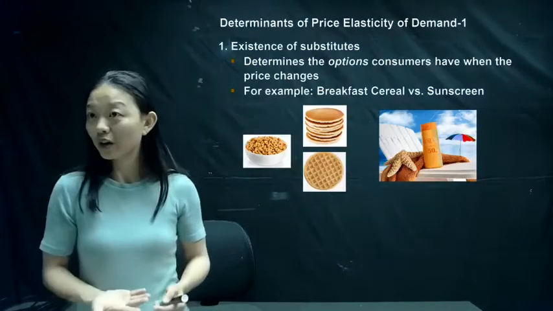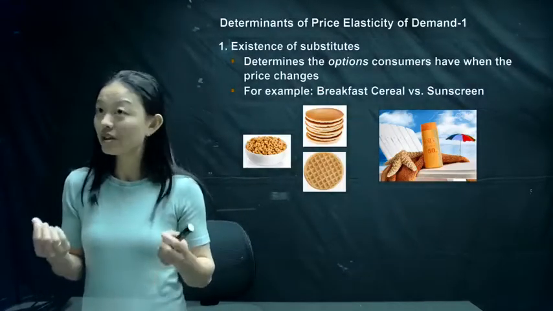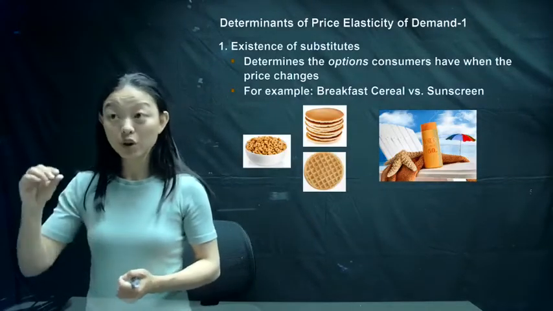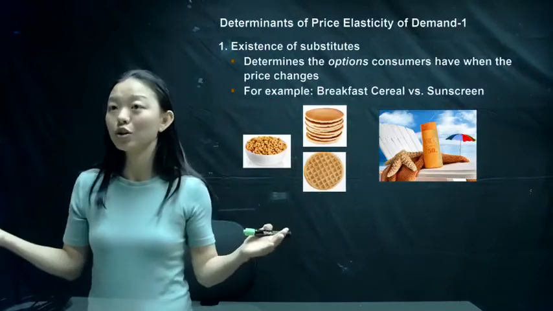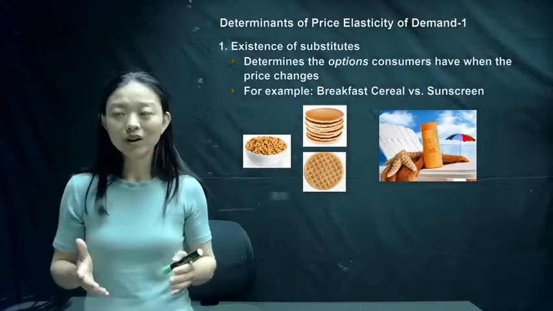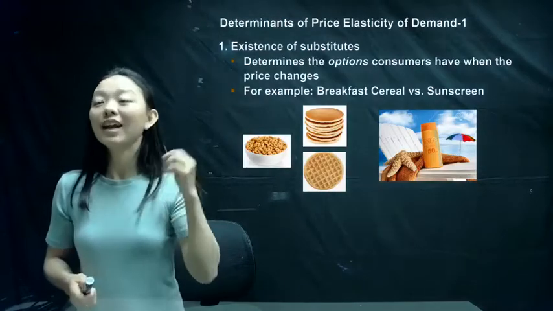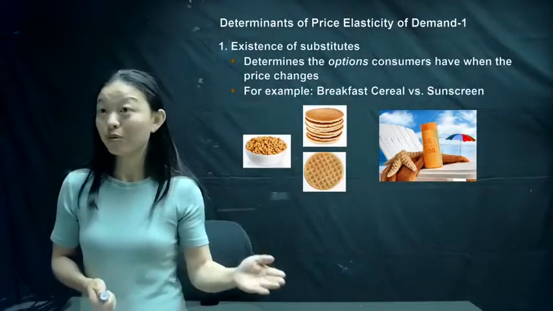However, for sunscreen, we know it has very, very few substitutes, or we can say no substitutes. So even if the sunscreen price increases a little bit, consumers still need to buy sunscreen, right? Therefore, the quantity demanded of sunscreen will be really inelastic to the price change.